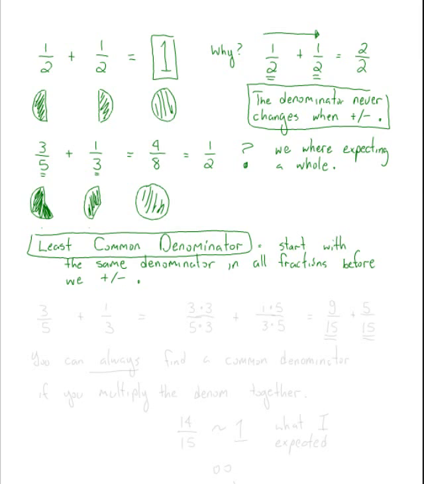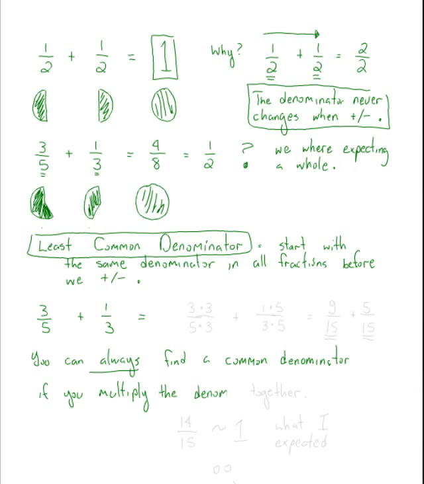So how do I figure out what the least common denominator is for 3 over 5 plus 1 over 3? And remember, we're supposed to get something that's close to 1. Well, it turns out that you can always find a common denominator if you multiply the denominators together.